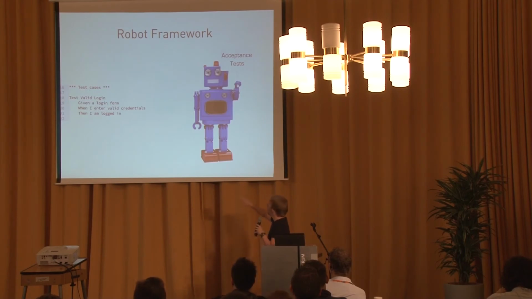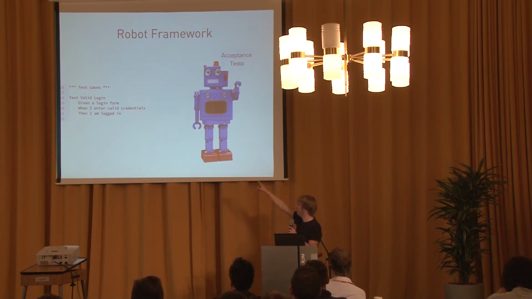Robot Framework allows you to write high-level functional tests in natural English language, more or less. This is an example of a high-level Robot Framework test. You just look at it and you see what it tests, right? It says test valid login.